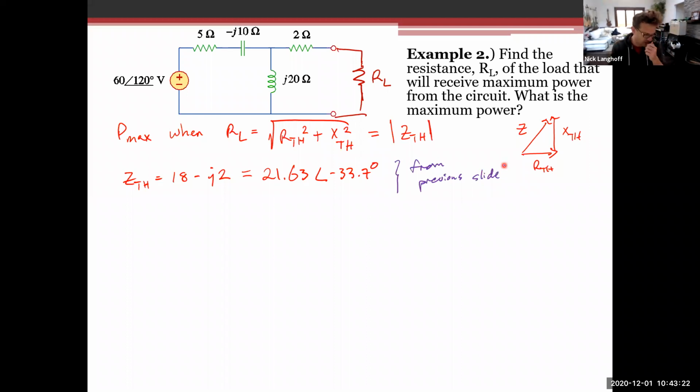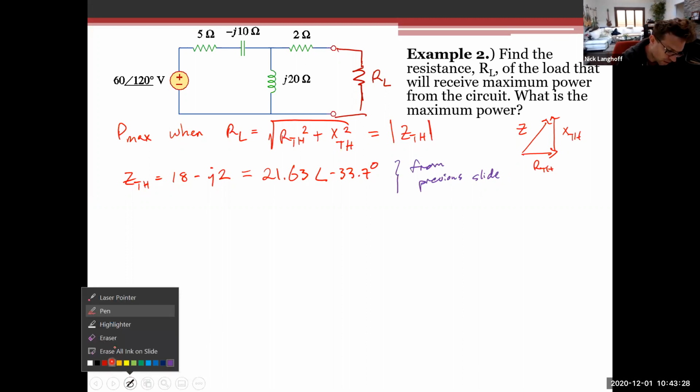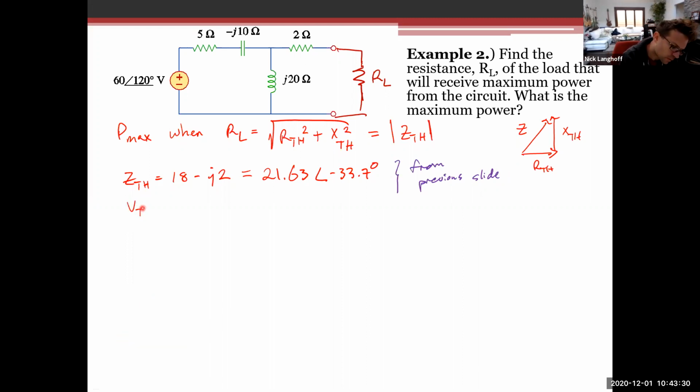Now V Thevenin, this is also from the previous page, because we calculated what that is. V Thevenin, which is a phasor, is 107.3 at a phase angle of 146.56 degrees.